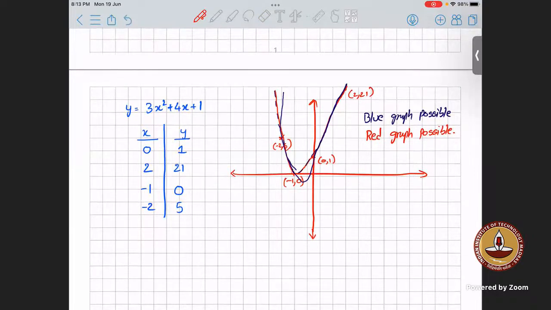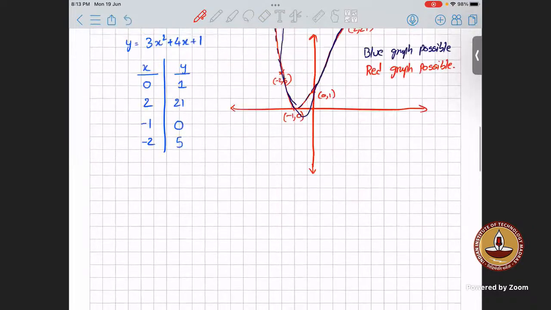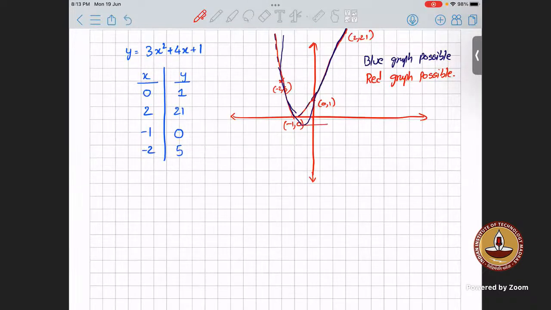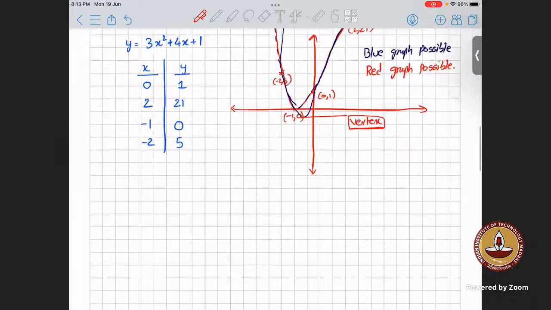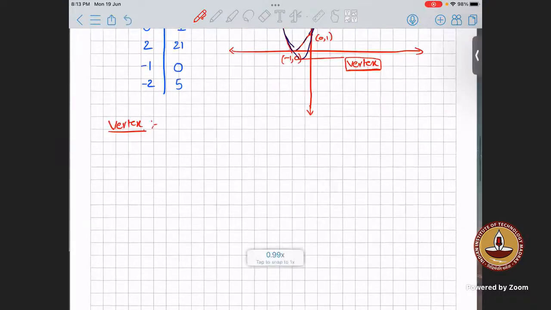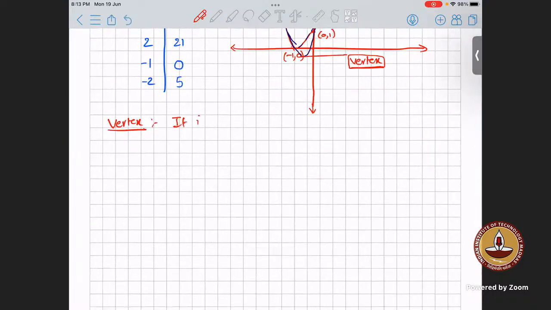So you need to know the bottommost point, which is known as the vertex. This is very important. You need to know the vertex because it is the bottommost or topmost point.